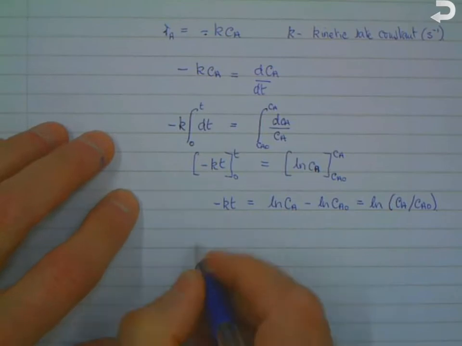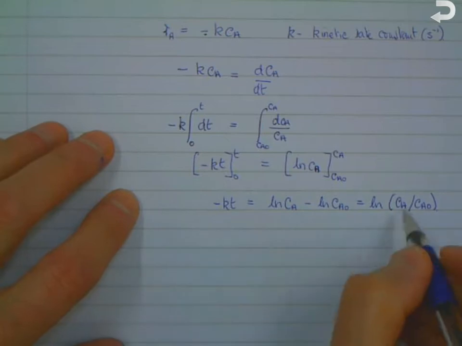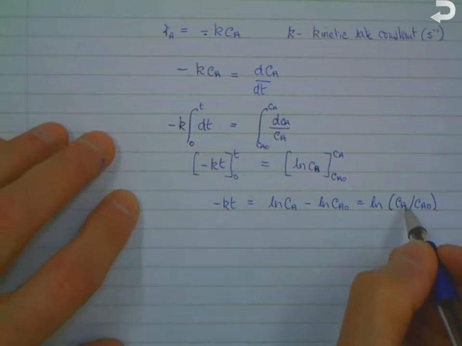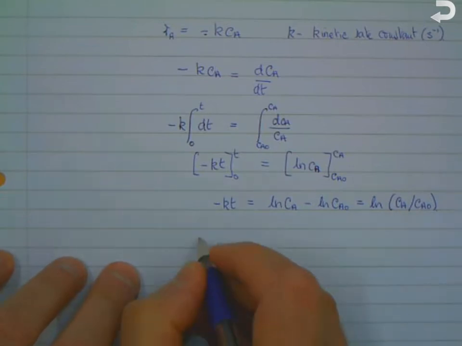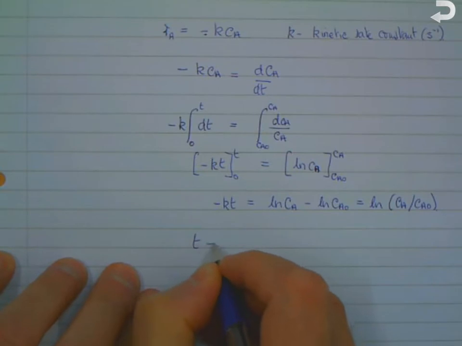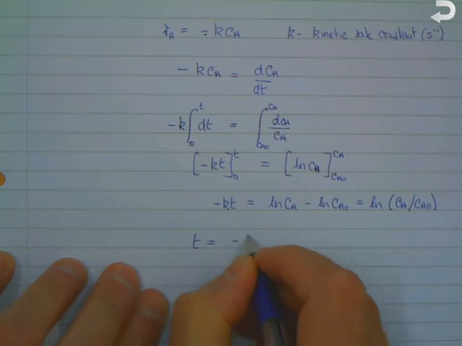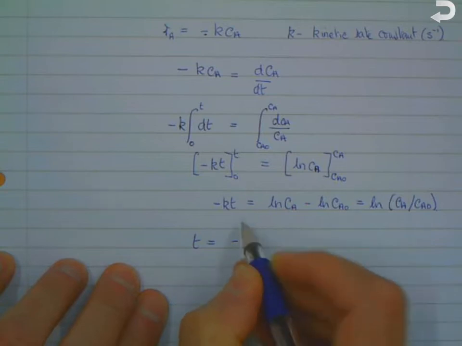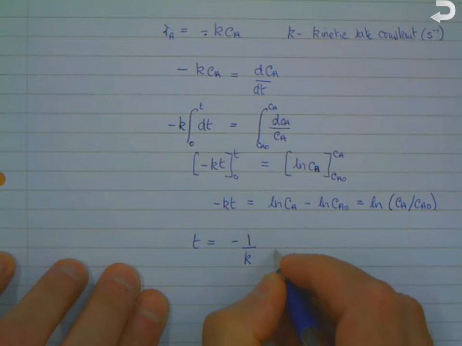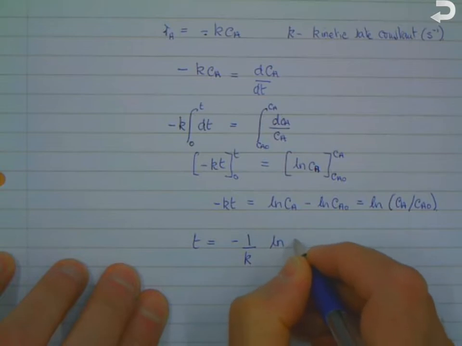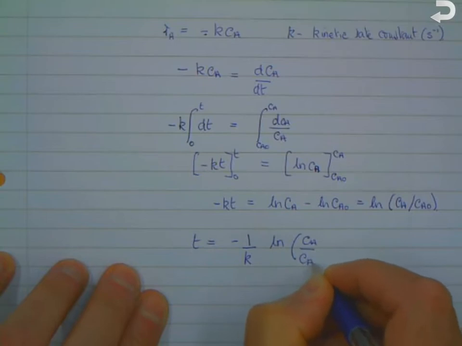And if you want to calculate the required time for a given final concentration, so your batch reaction time to achieve a final concentration of Ca, then you could just rearrange that slightly. Take minus K over to that side, divide both sides by minus K, and you get t equals minus 1 over K times log Ca over Ca naught.